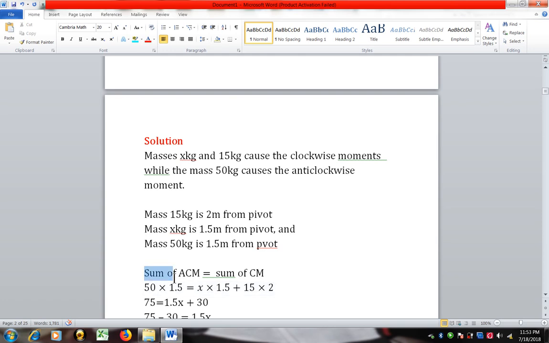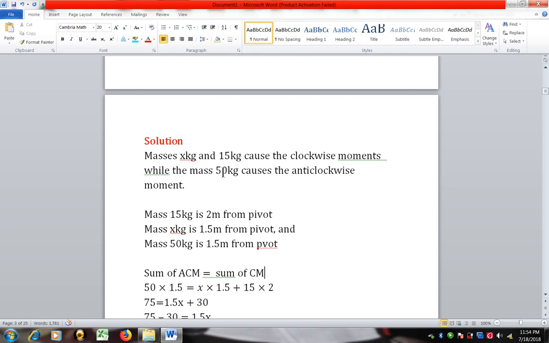So let us calculate the sum of anti-clockwise moments and equate it to the sum of clockwise moments.